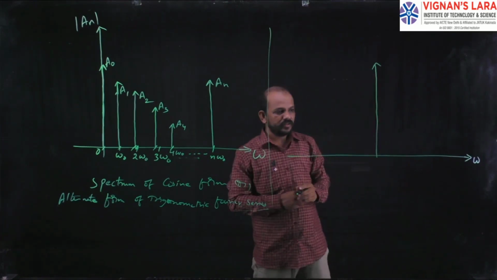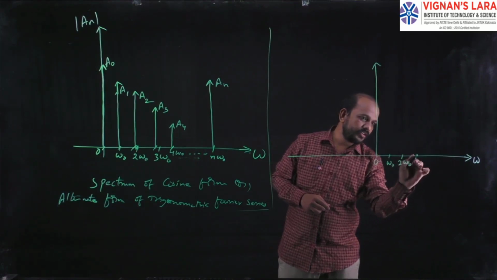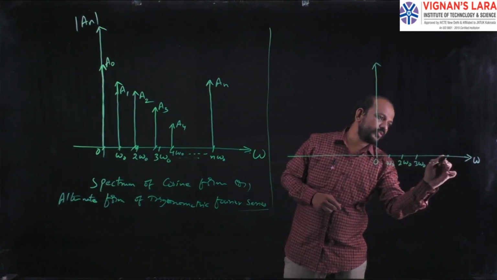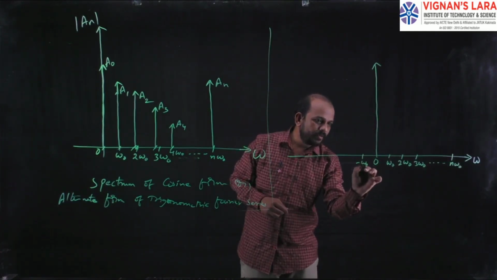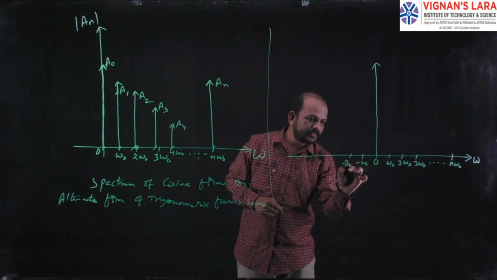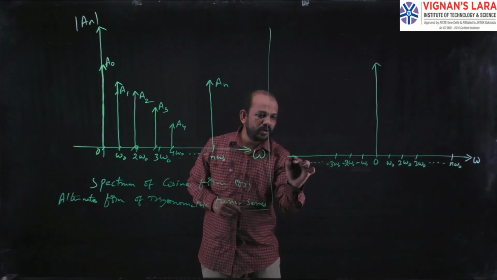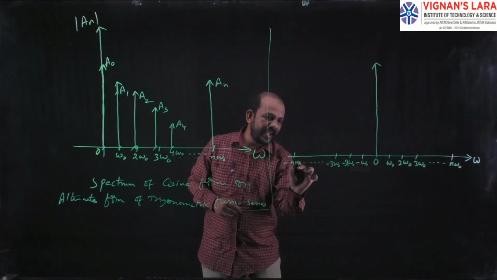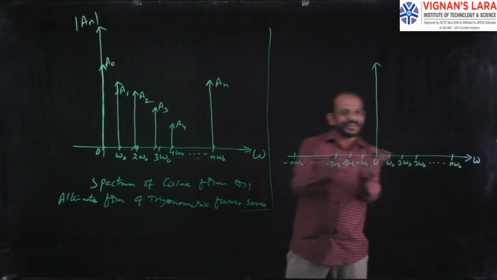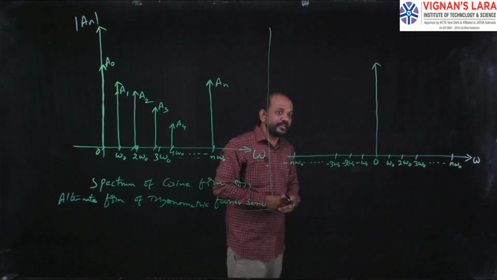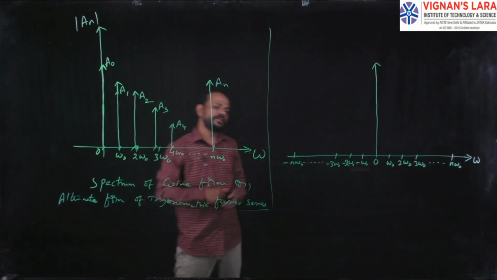This is 0, next omega naught, 2 omega naught, 3 omega naught, and so on, up to n omega naught. In the same way, minus omega naught, minus 2 omega naught, minus 3 omega naught, and so on, minus n omega naught. Here the Fourier coefficients exist for both positive and negative frequencies, so we can plot the spectrum for both. Hence it is called a two-sided spectrum or double-sided spectrum.